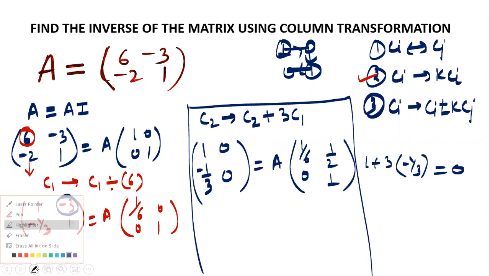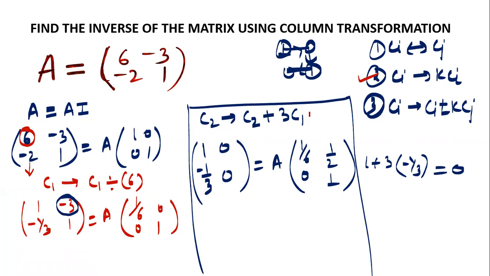What have we noticed over here? Whenever we are doing transformation to get the inverse, in between, we could see all elements of C2 column are 0. If such a condition arises, in that case, inverse does not exist.